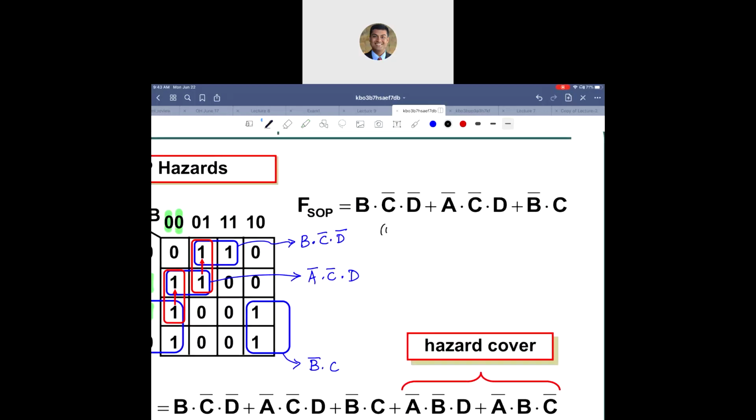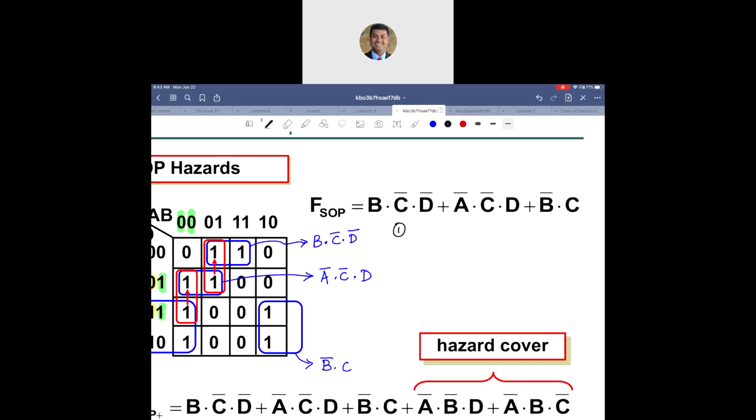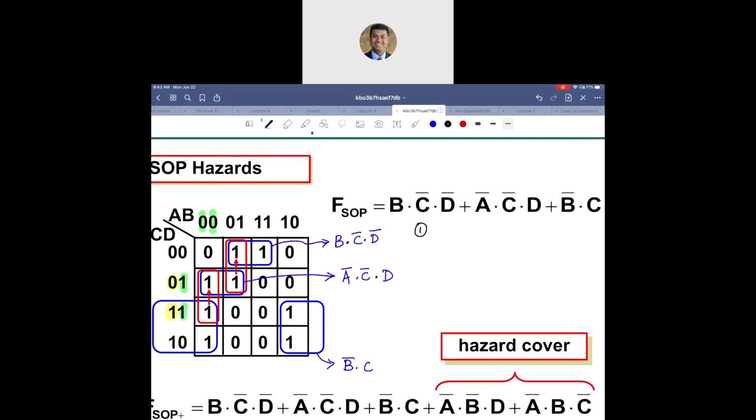Input condition number 1 for a glitch to occur: a glitch could occur when C changes from 1 to 0 while D is 1 and A is 0 and B is 0. Right, so that's condition number 1.